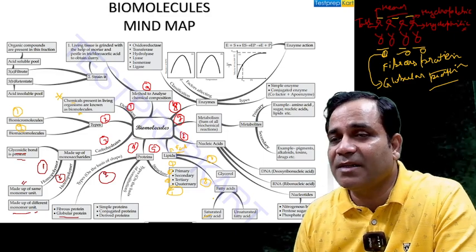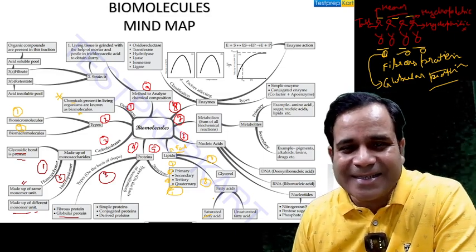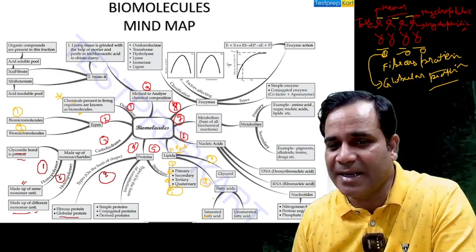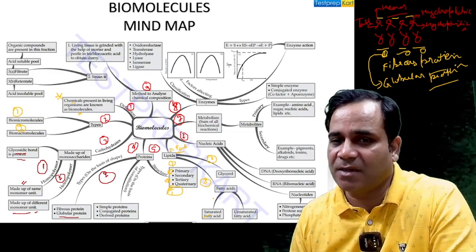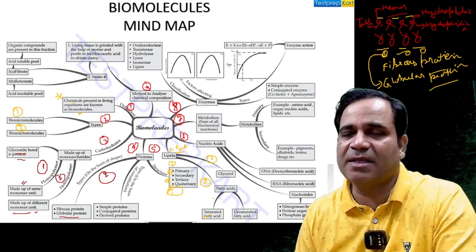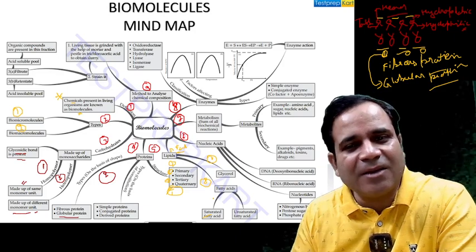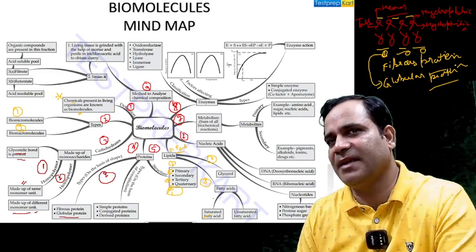Phosphate group means the addition of phosphorus. If phosphorus is added in a nucleic acid, then it becomes a phosphate group. If RNA is contained there, that is known as ribonucleic acid. And if DNA is contained there, that is called deoxyribonucleic acid.